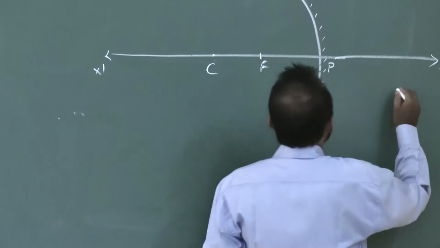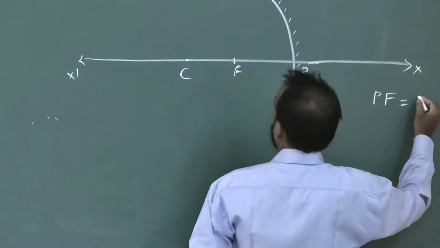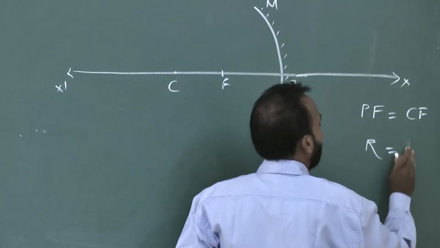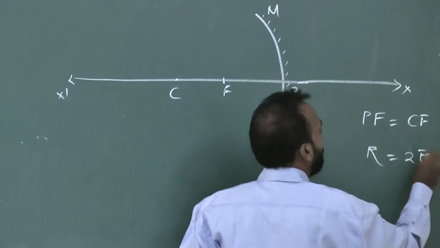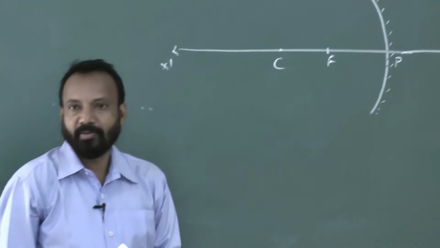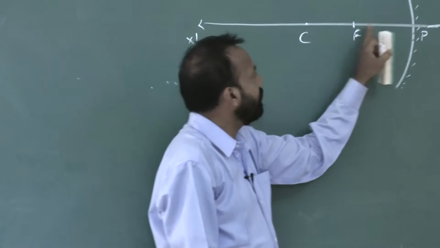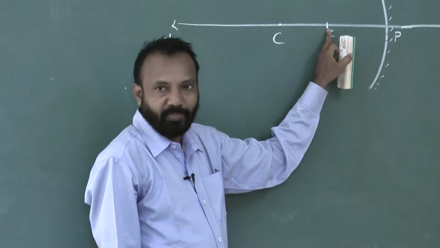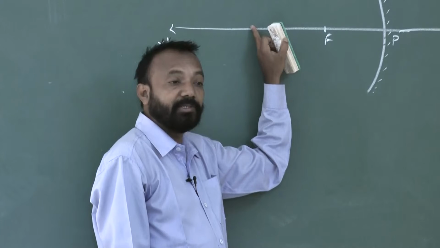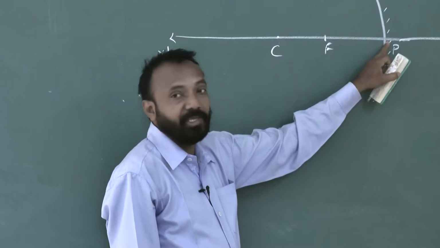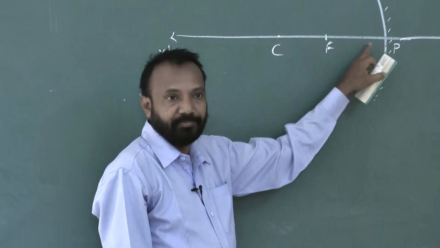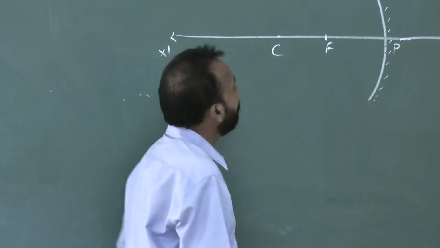The condition is that PF should equal FC, because the radius of curvature is double the focal length, 2F. Pole to focus is the focal length. The same distance should be from the focus to the center of curvature, because C to P, the radius of curvature, should be double the focal length.